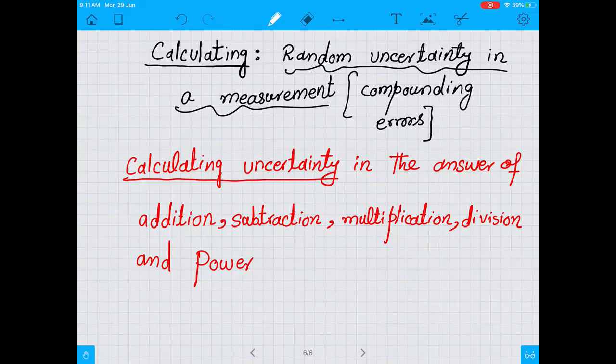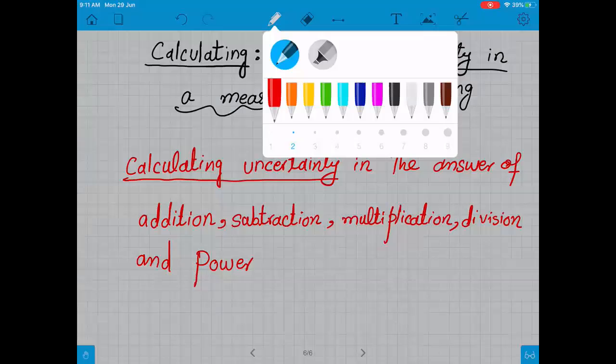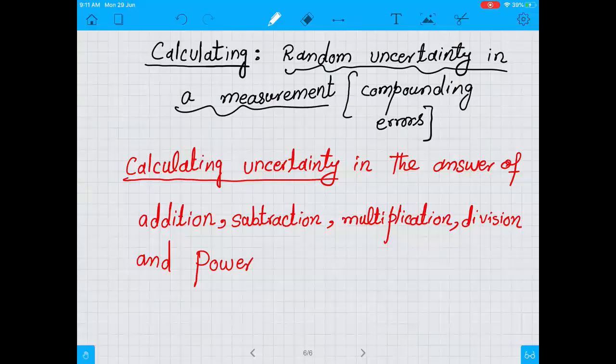And one thing, we always correct the systematic error, and the random uncertainty is there that will progress, that will continue. So you should know that we never calculate systematic error in plus, minus, multiplication, division, because the systematic error is already corrected. When you calculate a reading, you always correct the systematic error. It is not to be continued.